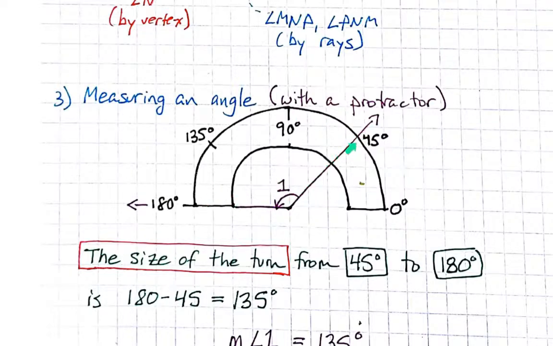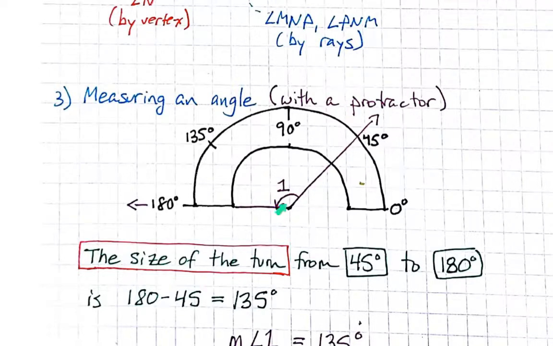For example, this one here goes from 45 to 180. That's a difference. If I were looking in this direction and I turn the ray around to look in this direction, the turn goes from 45 degrees to 180 degrees, so that's a 135 degree turn.